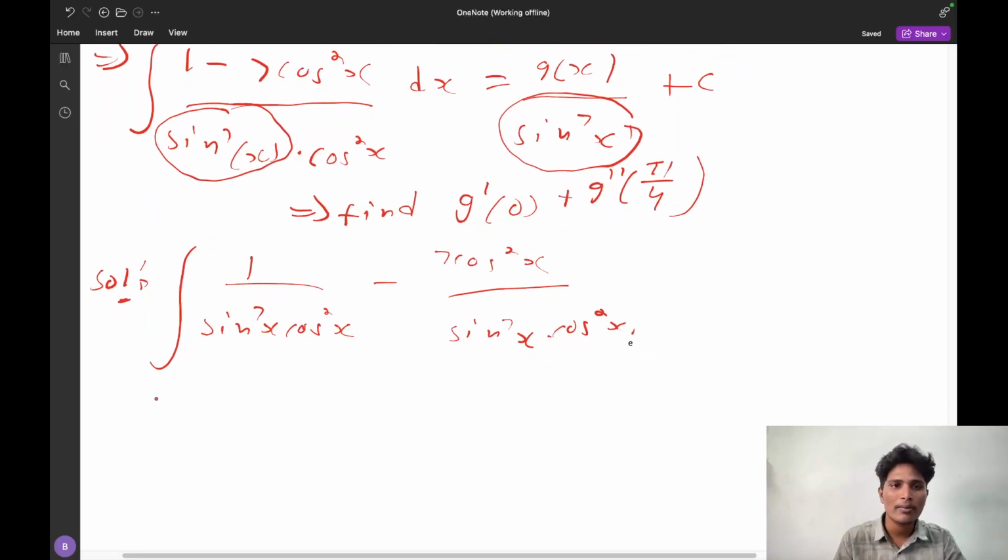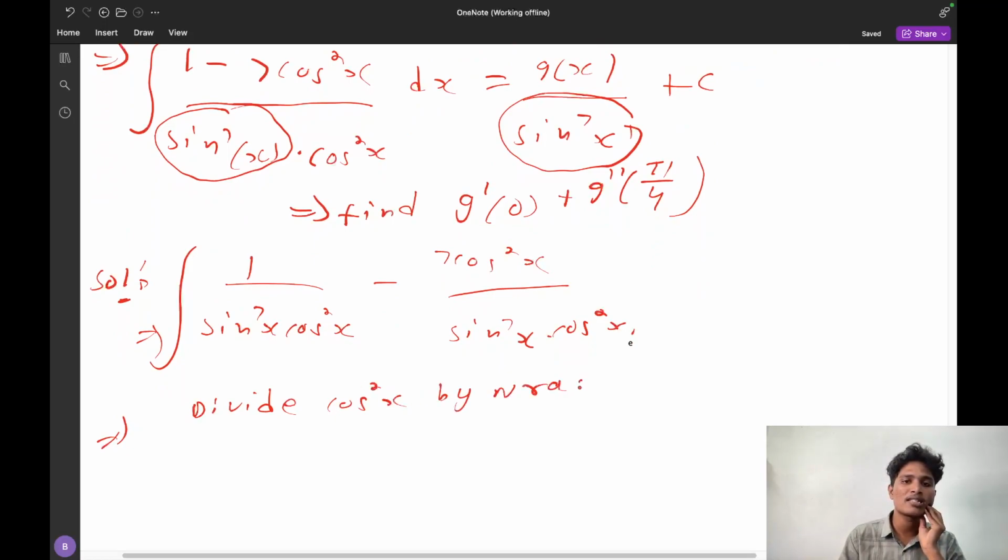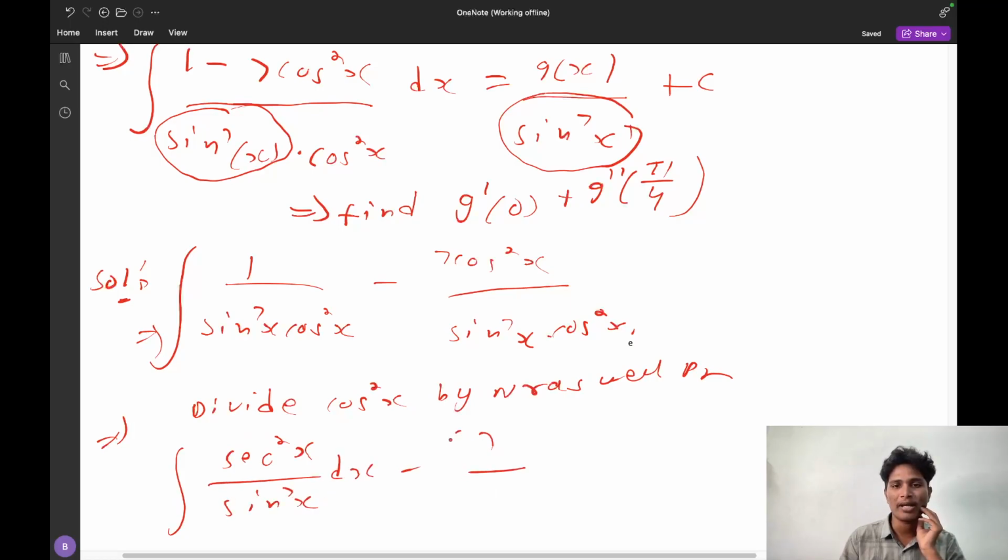Now I can cancel cos²x in the numerator and denominator of the second term. I will get the integral of sec²x divided by sin^7 x dx, and the integral of 7 divided by sin^7 x dx.